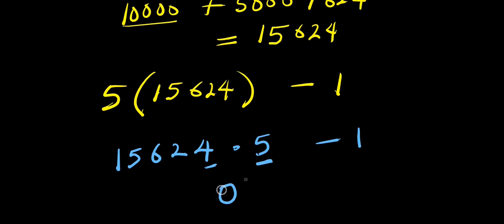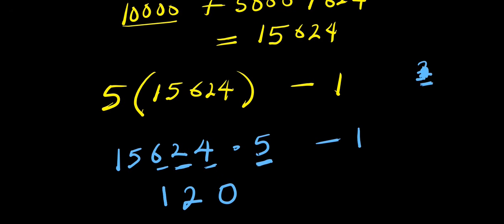So have 0 and carry over 2. So 5 times 2, that is 10. 10 plus 2, that is 12. I have 2 and carry over 1. 5 times 6, that is 30. 30 plus 1, that is 31. I have 1 and carry over 3.